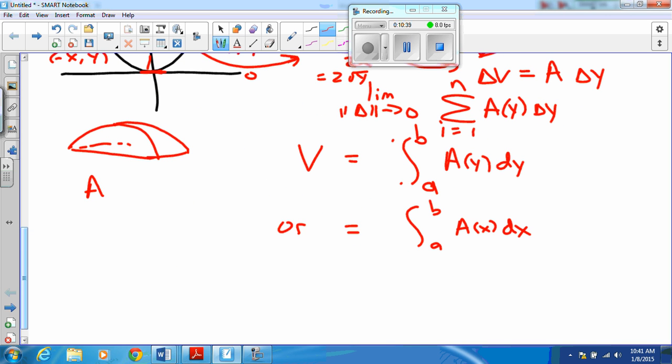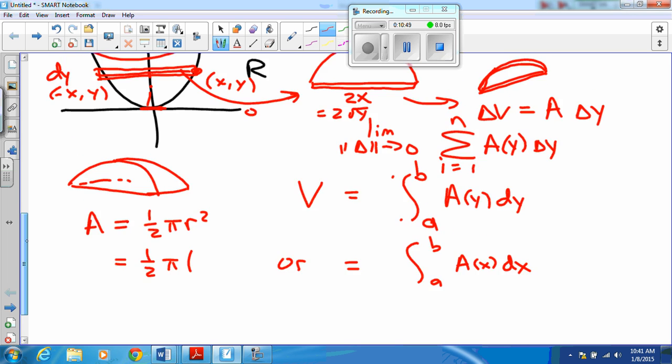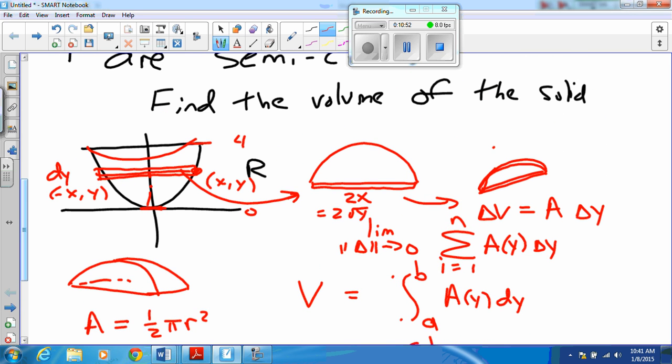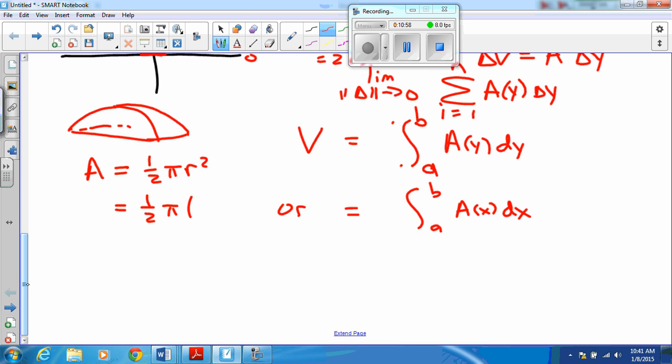So now what I need is an area formula for semicircles, and of course the area of a semicircle is 1/2 pi r squared. And I go back to my diagram to ask myself, what is the radius of my semicircle? Please remember that radius is not diameter, and so the radius is going to be root y. Which is really convenient.